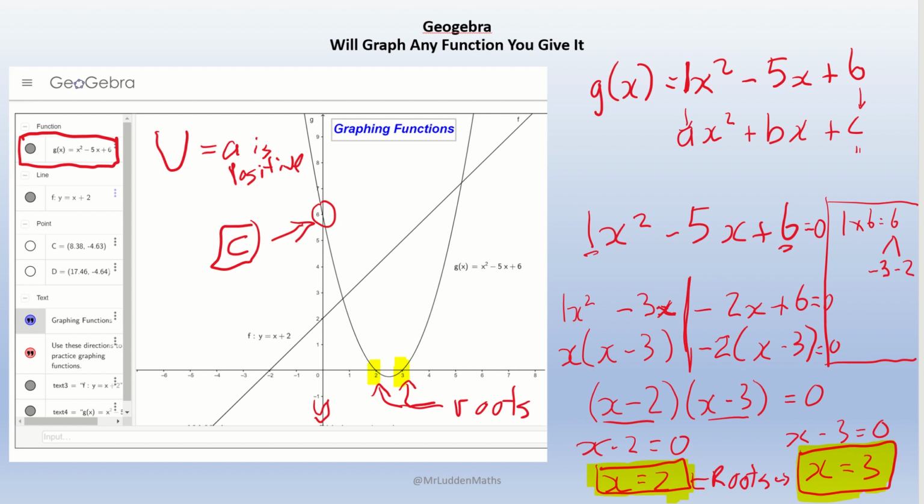So even before you go graphing any type of function, or especially quadratics, you know so much information about your graph already just from this small piece of information.